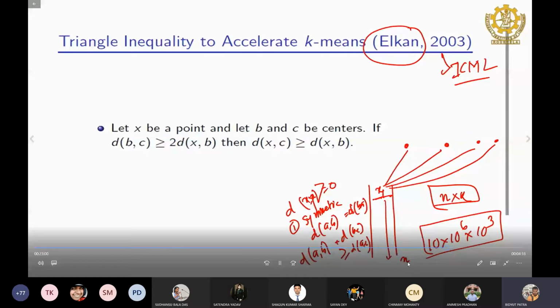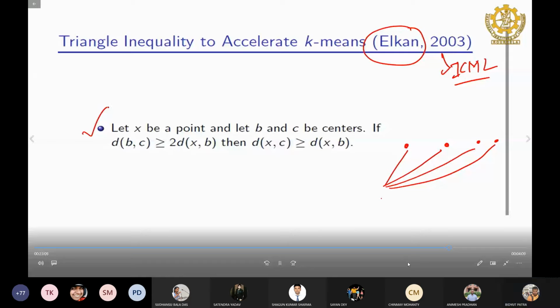So he said we can avoid some distance computations using this theorem. How? Let's say we have a point X, and there are two centroids, B and C. We are trying to find whether the point will be assigned to B or C. There will be multiple centroids, so we can generalize that.